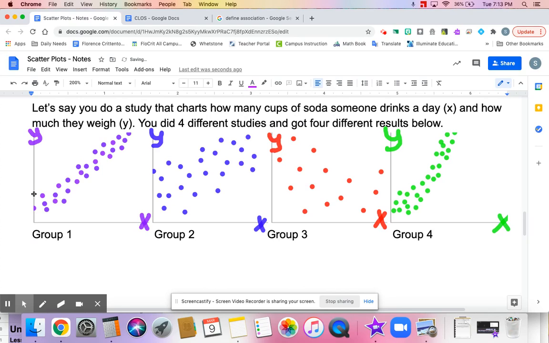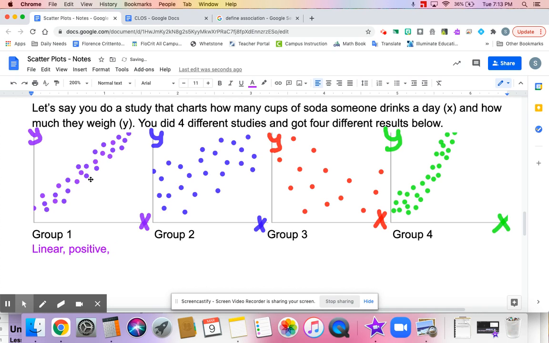So first of all, is this one linear or nonlinear for group 1? Group 1 is linear. Is group 1's data positive or negative? It's going up from left to right, so it's positive.